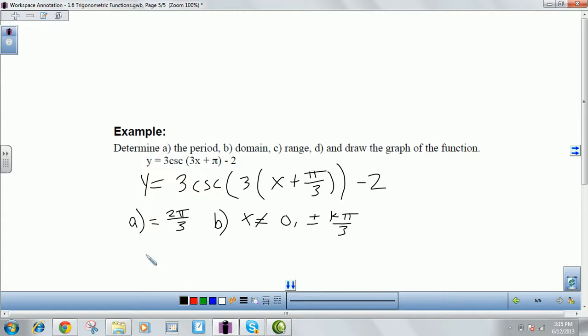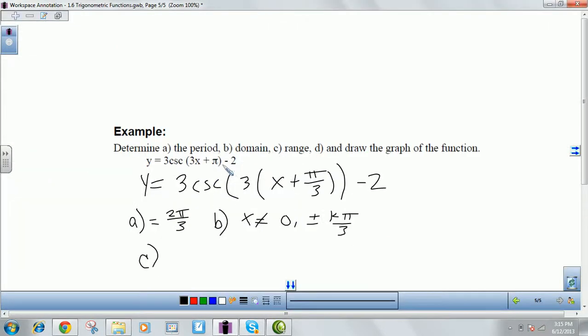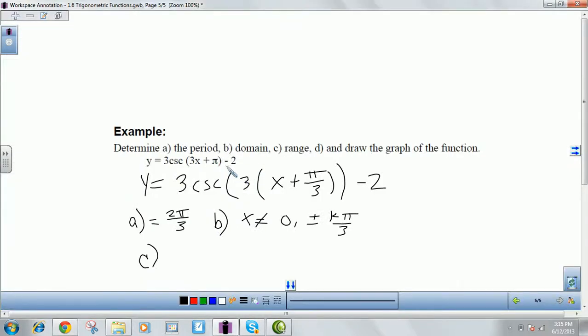And then your range, so here's the interesting part. You notice that with the range you go -2, but also this 3, the amplitude, would normally push this from 1 to 3 and from -1 to -3, but at the same time you're shifting this graph down too.